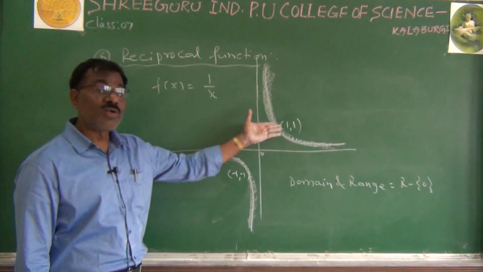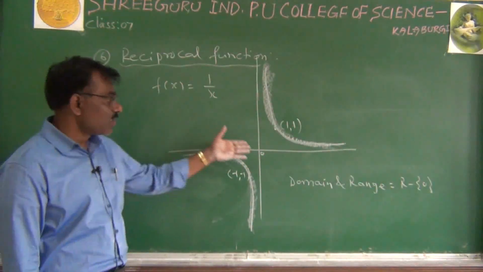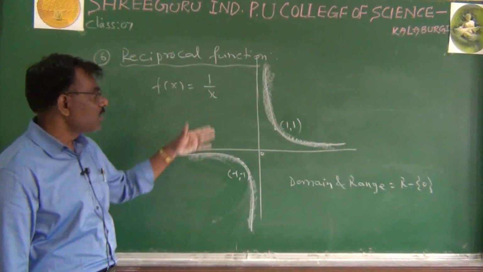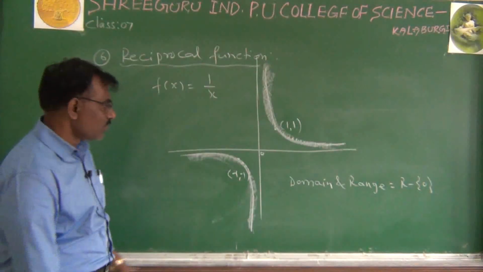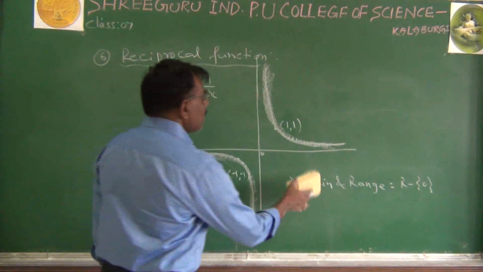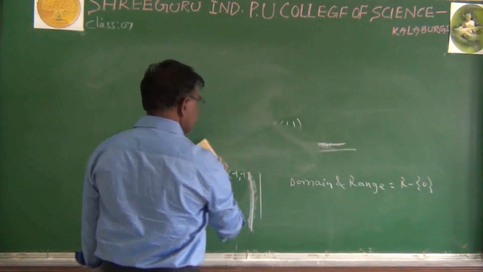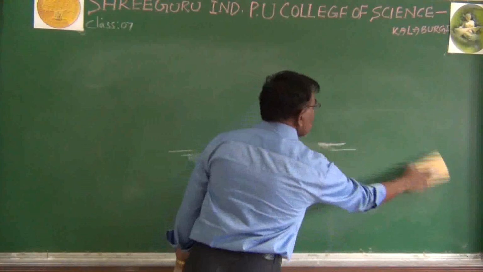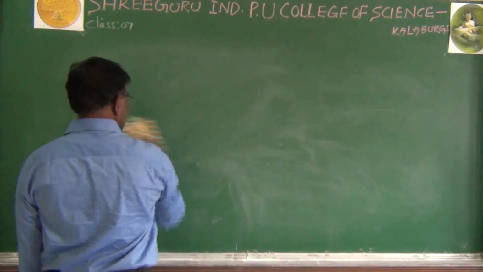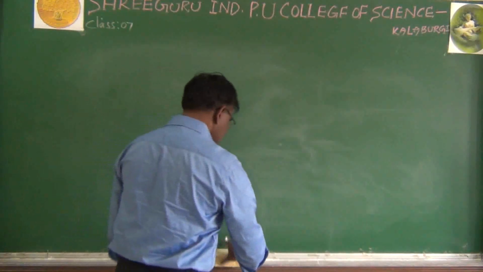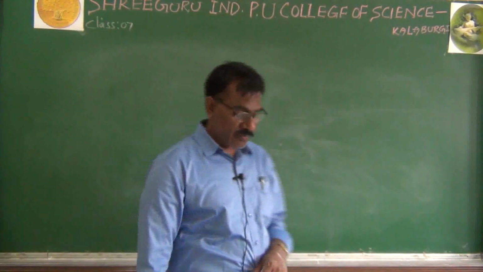When x approaches 0, it goes to infinity. So the domain and range of the reciprocal function is R other than 0. This is called a reciprocal function.